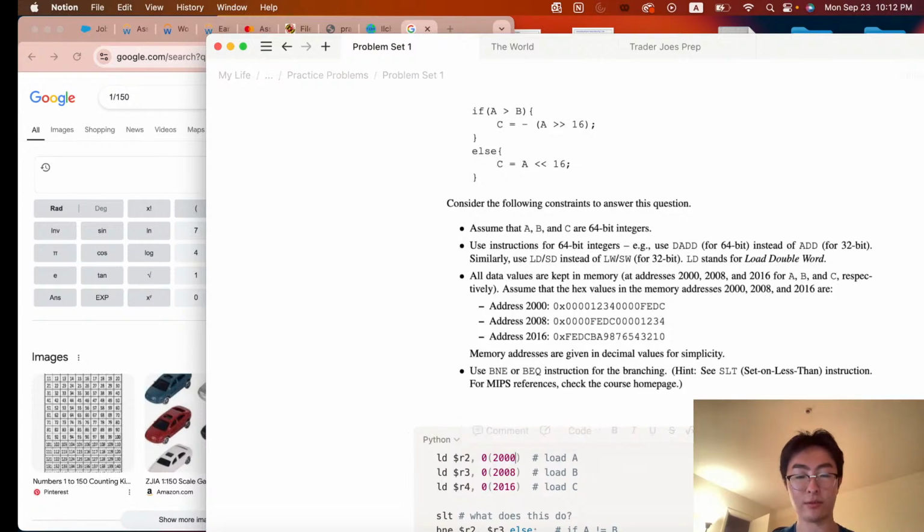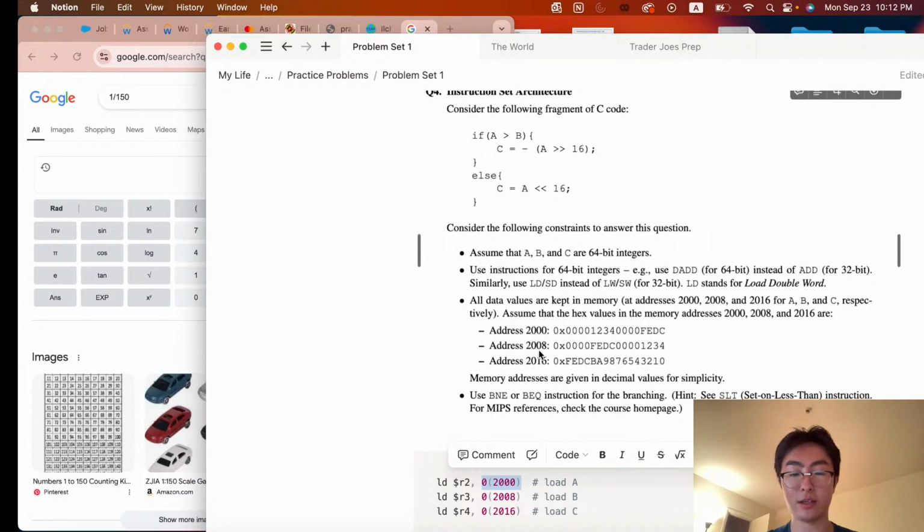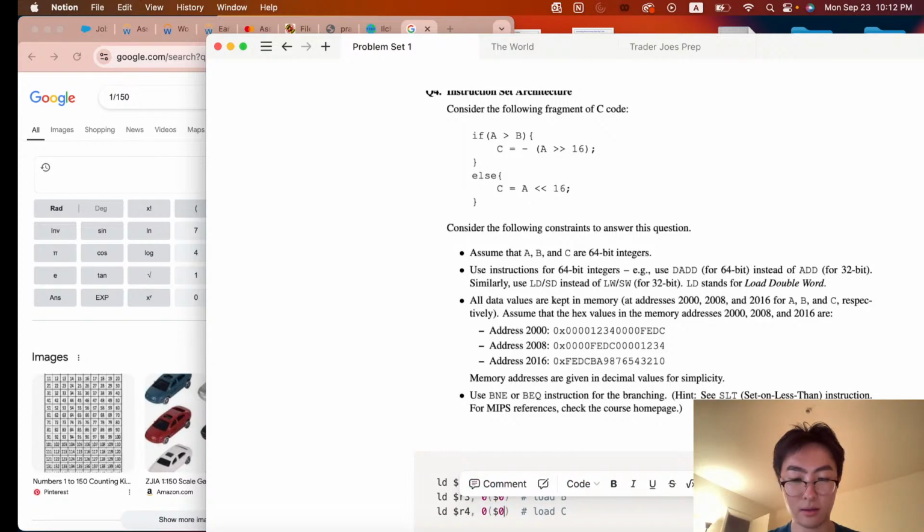Yeah, so this is definitely wrong. We don't even need a load C actually. So let's put R1 2000 and we'll offset from 0, right? So offset from 0, get load B.